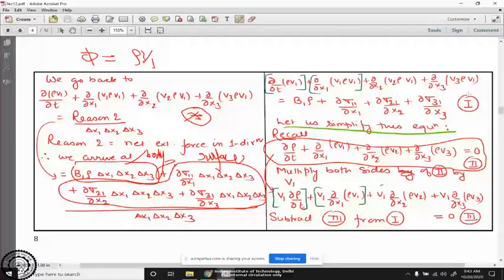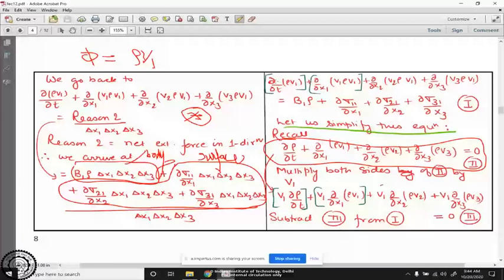So you will see that on the right hand side, when you subtract 3 from 1, nothing will change, because the right hand side of 3 is 0. So the right hand side of 1 will remain unchanged, but we can make some simplification on the left hand side.